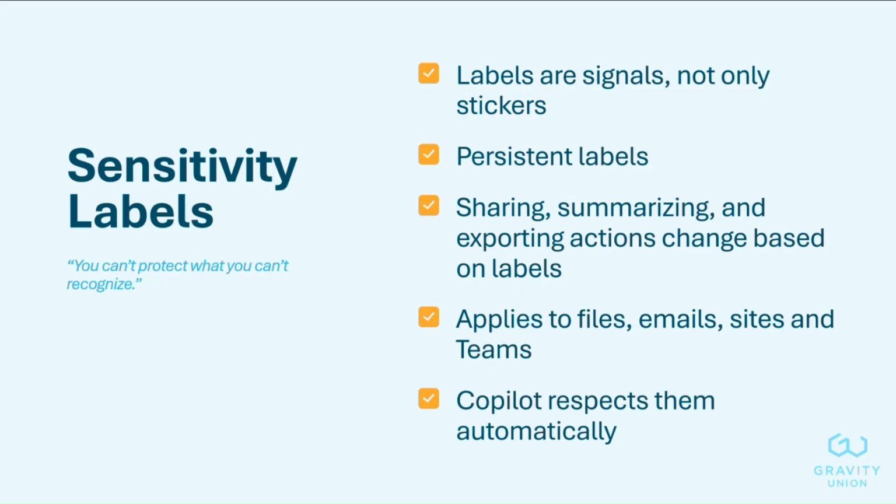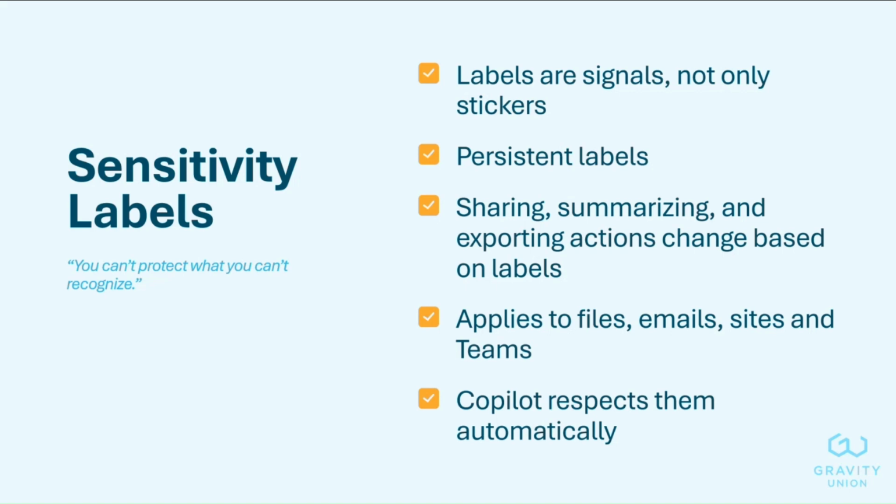And so the first area, and often sensitivity labels are one of the first things that organizations will roll out for their content across files or emails, their SharePoint sites and Teams as well. And so what this is, it's more than just a stamp or a sticker.